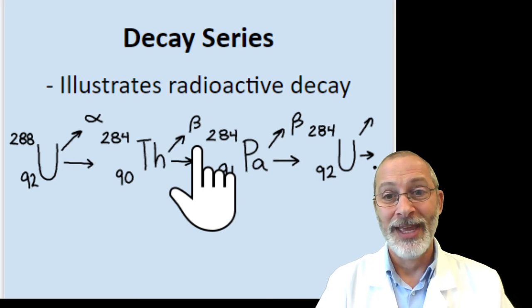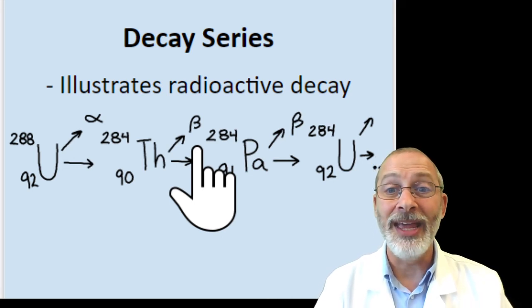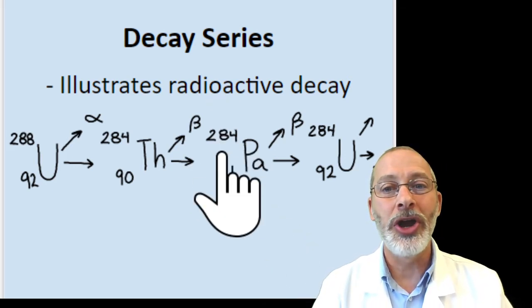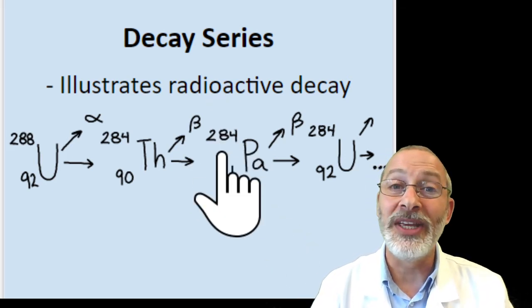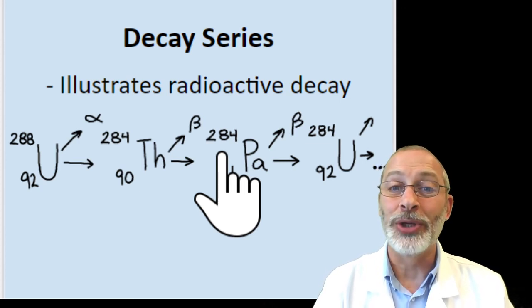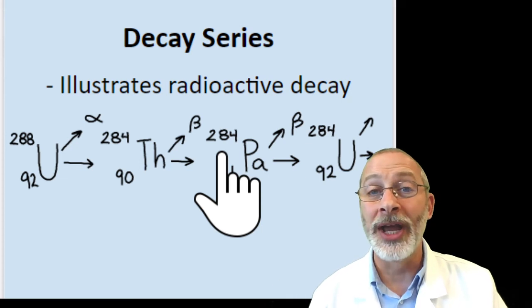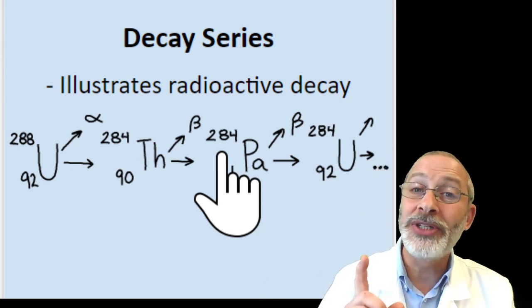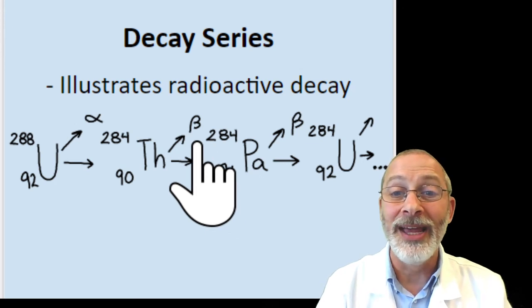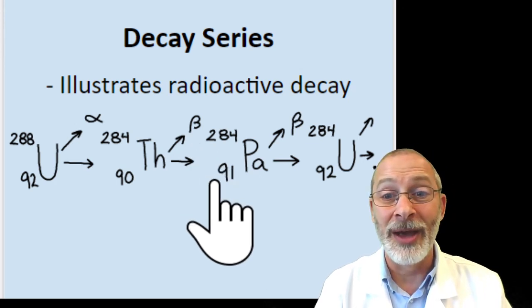We call it thorium-284 because it's a radioactive isotope that's about to undergo another radioactive decay, a beta decay. And that beta decay results in, look at your chart, what happens to the atomic mass? Nothing, because remember, you're losing a neutron, but gaining a proton. And because you're gaining a proton in beta decay, what happens to the atomic number?